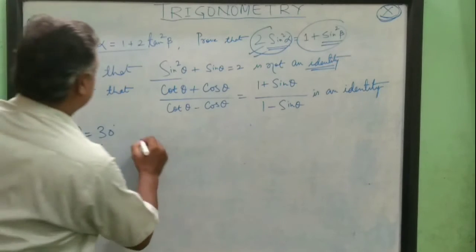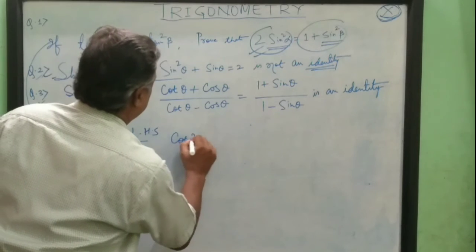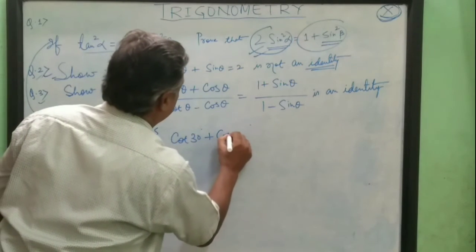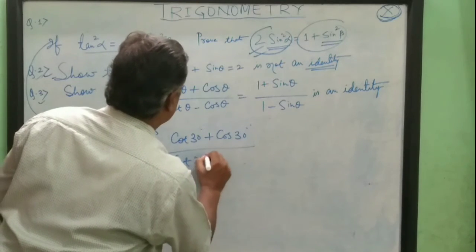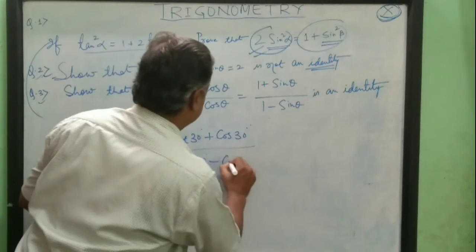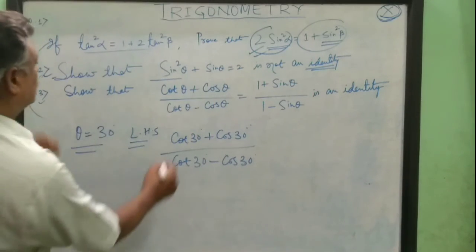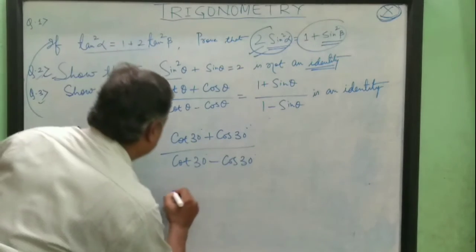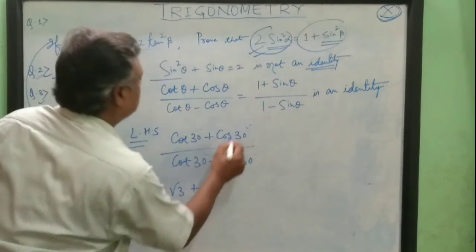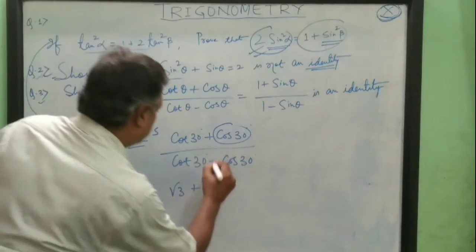So LHS is cot 30 plus cos 30 by cot 30 minus cos 30. Tan 30 is 1 by root 3, so cot 30 is root 3, plus cos 30, which is same as sin 60, root 3 by 2.